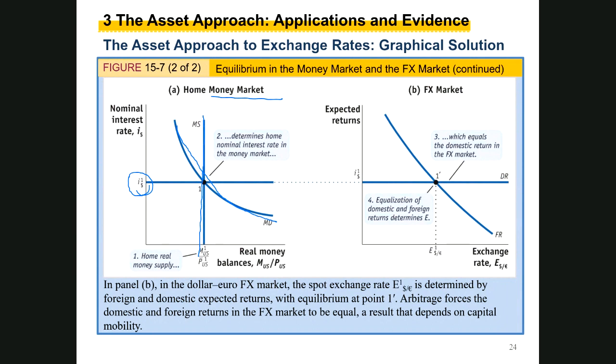And then once we pin down the interest rate, we could pin down the exchange rate. Okay? So the left-hand side, the left panel, basically tells you this, determine I. And the right panel just tells you UIP. Right? FR equal to DR.